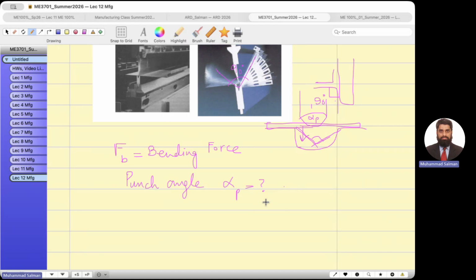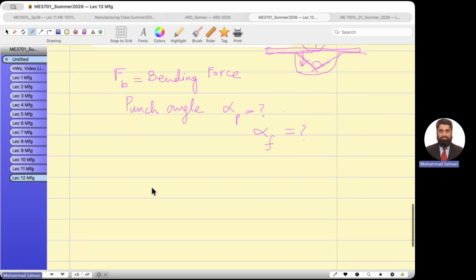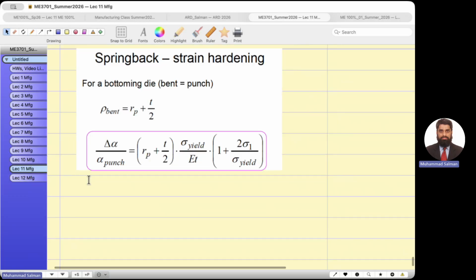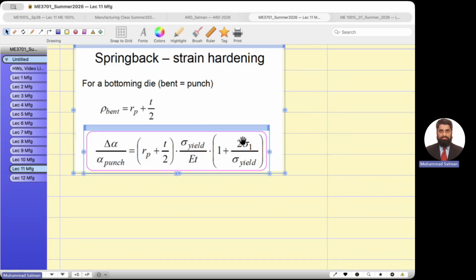So we will talk about the final angle, how you will achieve the final angle and the ratio of the spring back to the final punch angle. We will talk about it in a bit. Probably I explained it in the last lecture. Yes, we talked about this already.